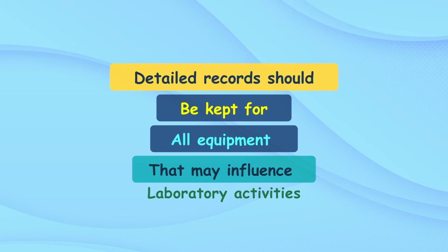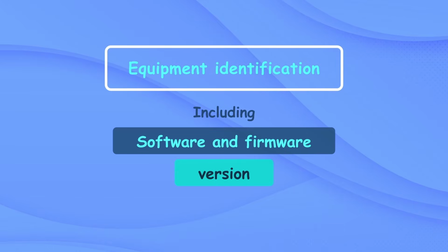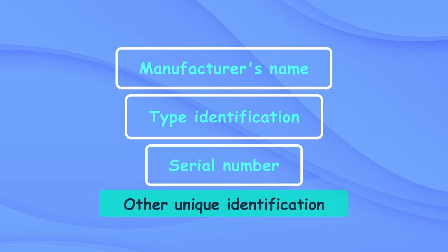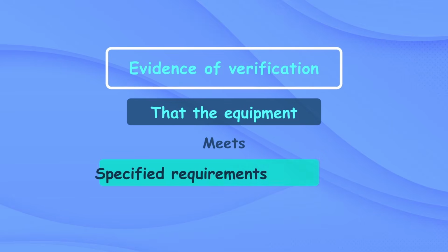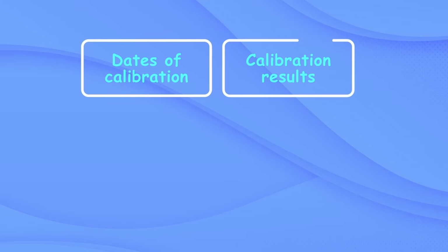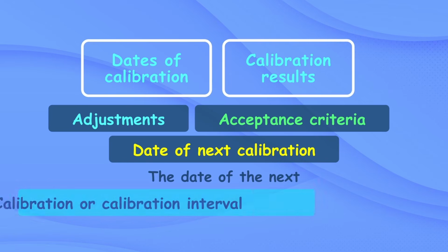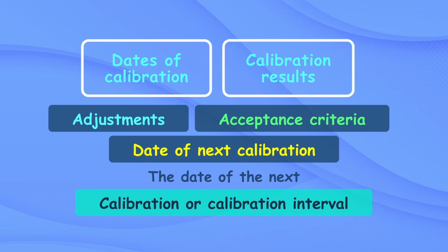These records include equipment identification, including software and firmware version, manufacturer's name, type identification, and serial number or other unique identification, evidence of verification that the equipment meets specified requirements, current location, dates of calibration, calibration results, adjustments, acceptance criteria, and the date of the next calibration or calibration interval.